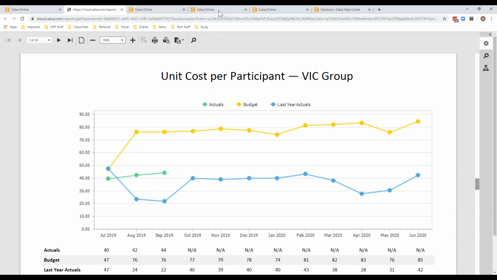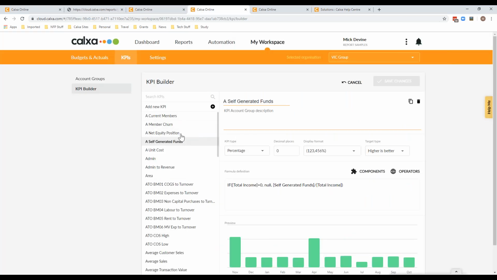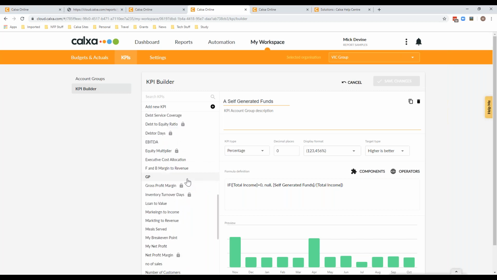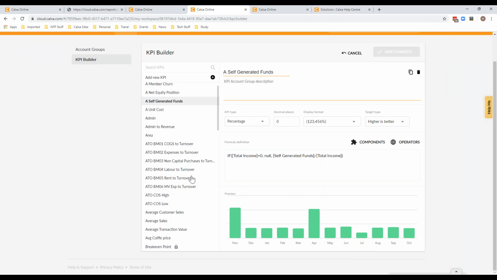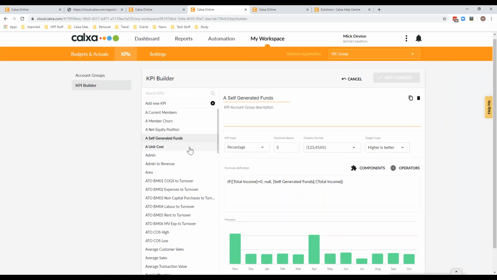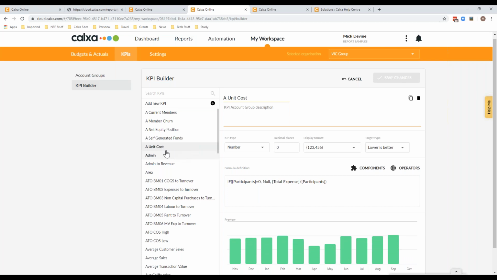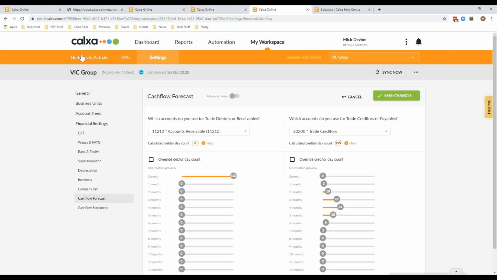So again, where does that information come from? Our formula somewhere here. No, I think I put them all up the top. Did I? Yep. I put an A at the beginning just so I'd get them. It's total expenses divided by number of participants, and the number of participants again is one of the metrics.